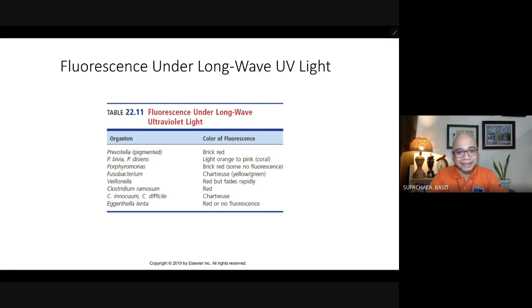Veillonella is red, but it fades rapidly. Clostridium ramosum is somewhat red. Clostridium innocuum and difficile will be chartreuse. And Eggerthella lenta would be red or sometimes no fluorescence. So this is just a guide for the presumptive identification. We say presumptive because it is not confirmatory.